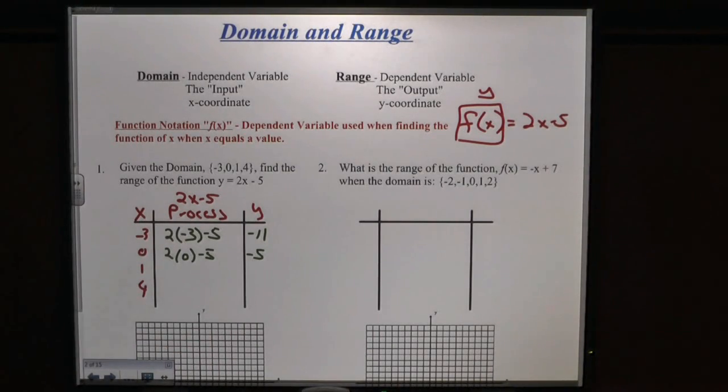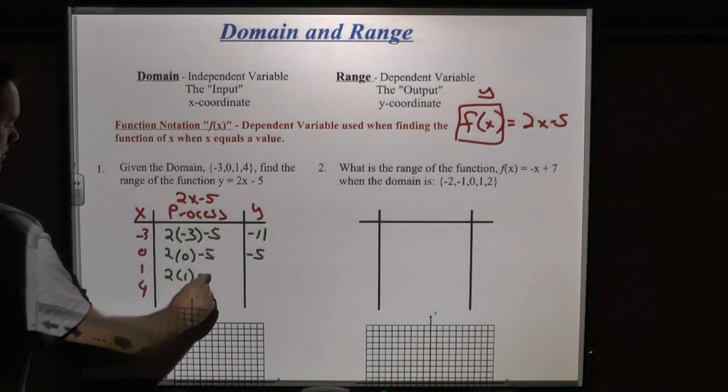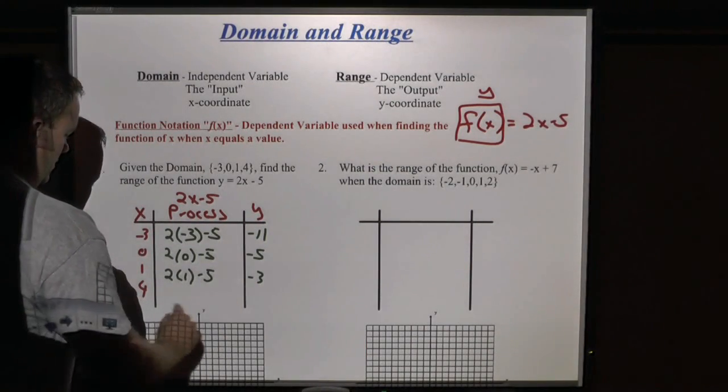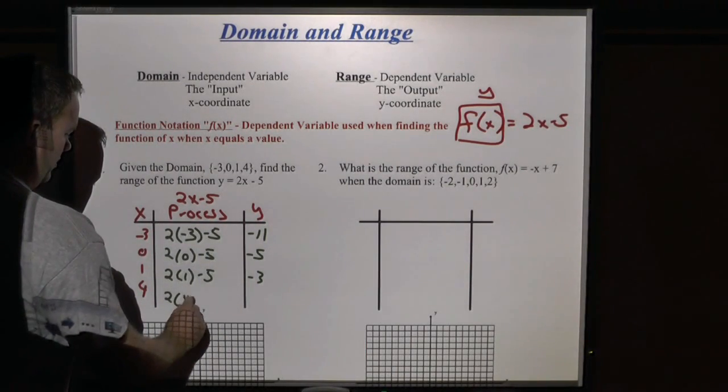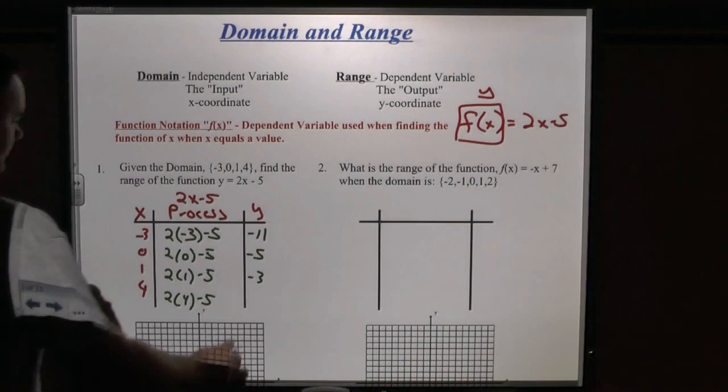We plug in the next domain value for x: 2 times 1 minus 5. 2 times 1 is 2, minus 5 is -3. Then 2 times 4 minus 5. 2 times 4 is 8, minus 5 is 3.